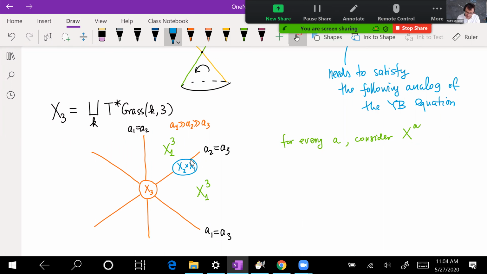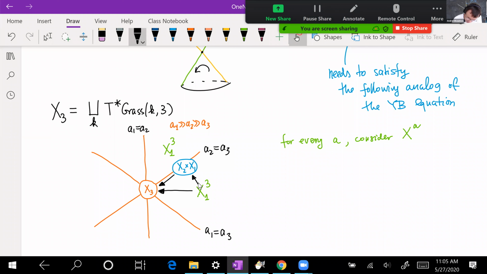Okay. And the analog of the Yang-Baxter equation is that we can specialize all the way. Here I have more space. Here I can specialize straight to x3, or I can first specialize to the wall and then specialize here. So I have to pick isomorphisms between this and the attracting manifold here, and then I take this attracting manifold there.